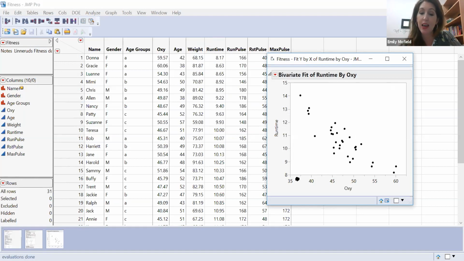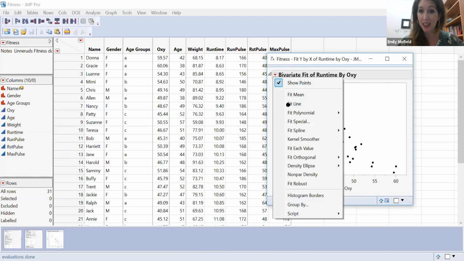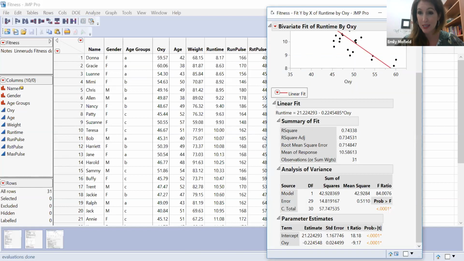So we will see that the more oxygen I use, the less the runtime is. So basically, the more you breathe in, the faster your runtime is. The less oxygen you breathe in, the slower your runtime is. Your runtime is more.